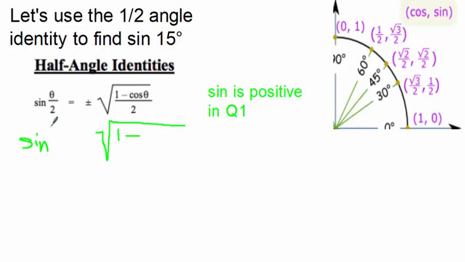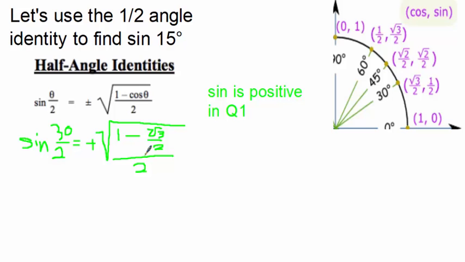So I'm looking for the sine of 30 divided by 2. And I am only going to pick the positive because of where it is. Cosine of 30. Cosine is my first number. That's the square root of 3 over 2 divided by 2. I have a whole bunch of cleaning up to do in here.